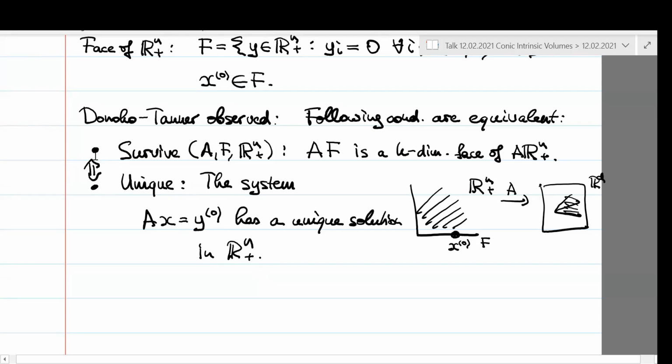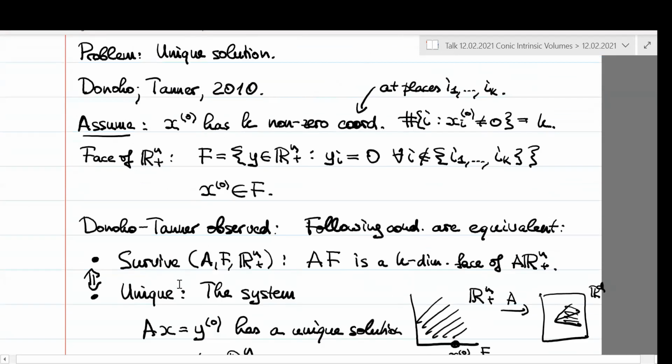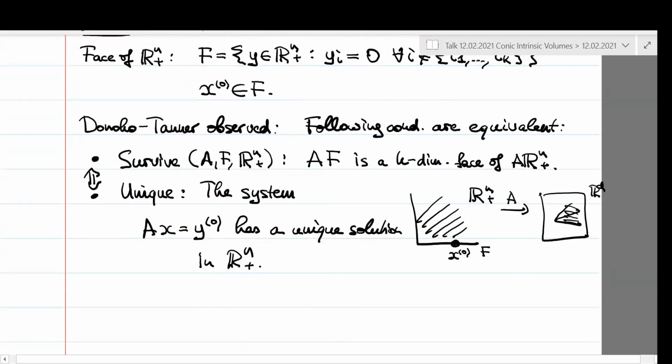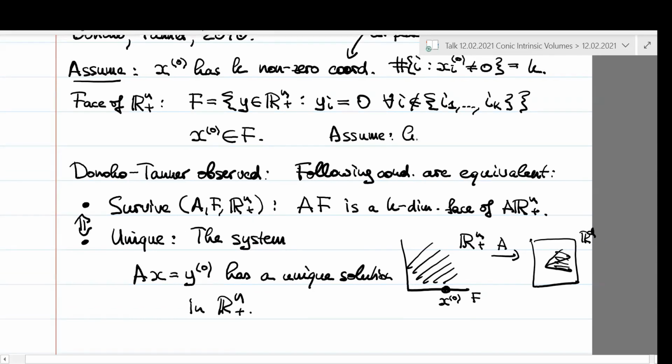So the claim says that these two are equivalent, and the only thing we need to know about the matrix is the following assumption. So they are equivalent under the following assumption: that the matrix A is in general position, which means that the columns of A are vectors in general position.